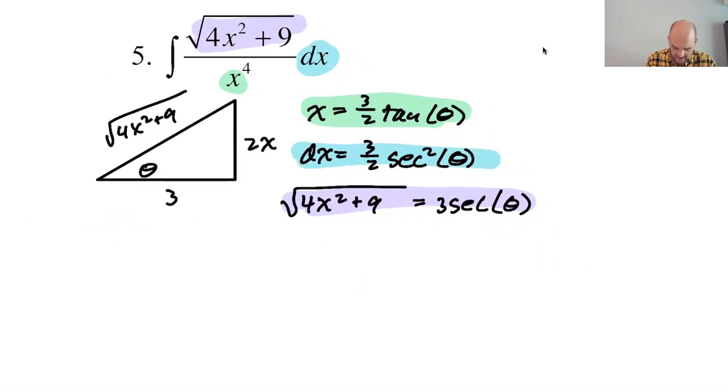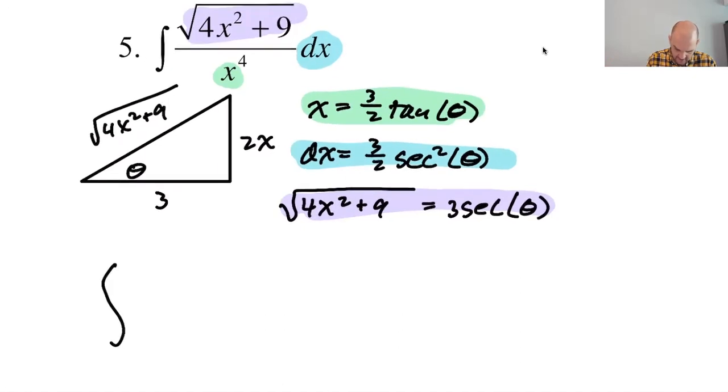So this integral becomes dx, 3/2 secant squared of theta d theta. Nope, what am I even doing? Oh yeah, that's my dx. I'm going to move that because I was supposed to do the radical first and I forgot. The radical is 3 secant.